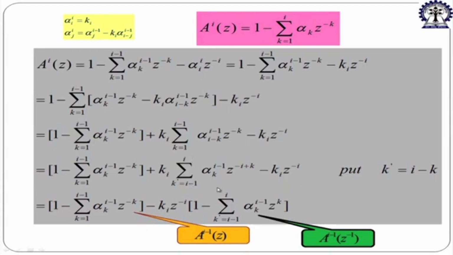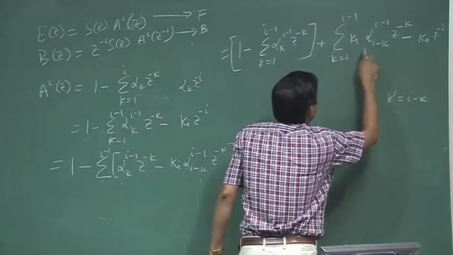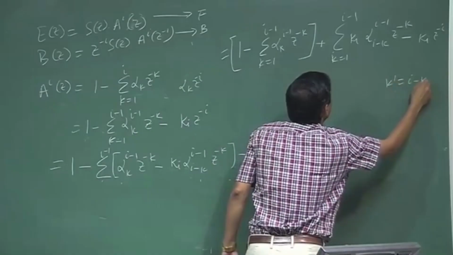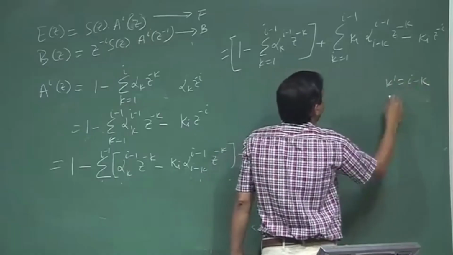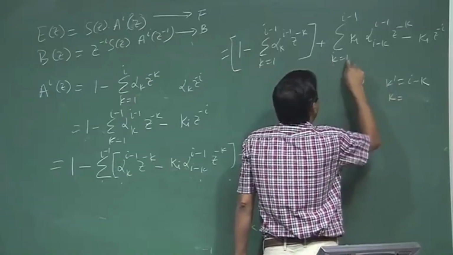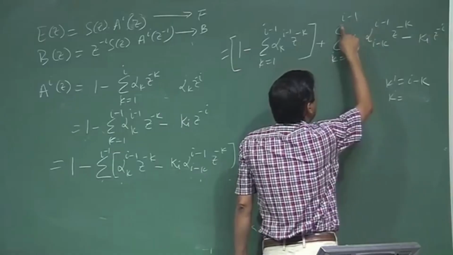If you see here, k dash is equal to i minus 1 to i, alpha k i minus 1. Since there is an i minus k, I can say k dash is equal to i minus k. If k dash is i minus k, then what is k? k is nothing but i minus k dash. So, k varies from 1 to i minus 1.